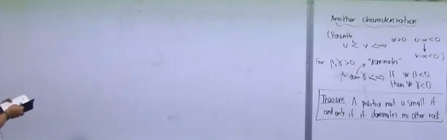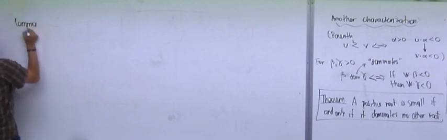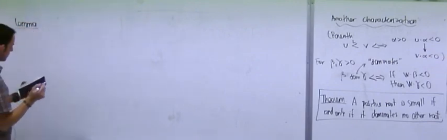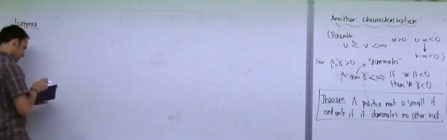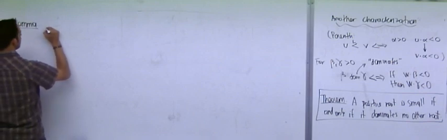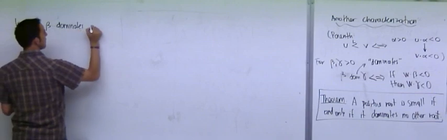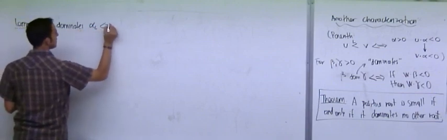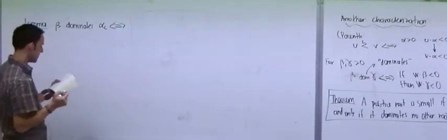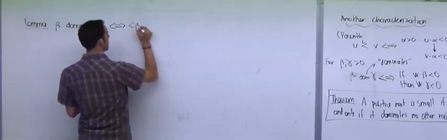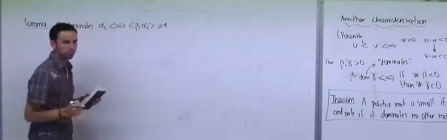So this theorem relies on a little technical lemma that says this. It basically tells you when a root dominates a simple root. Turns out that you can describe this in a very simple way. Beta dominates alpha I if and only if their inner product is greater than or equal to 1.